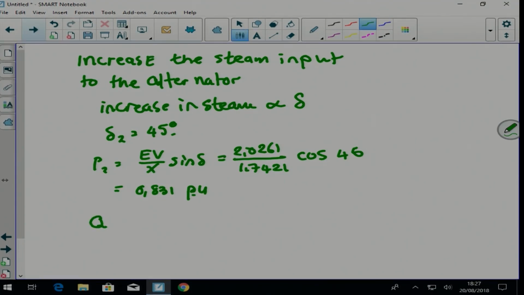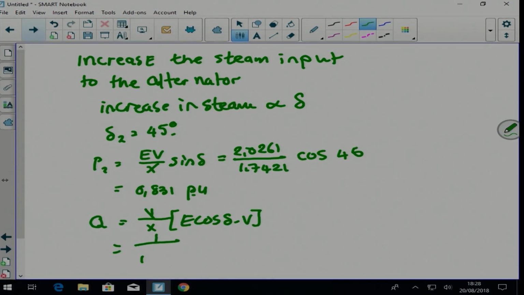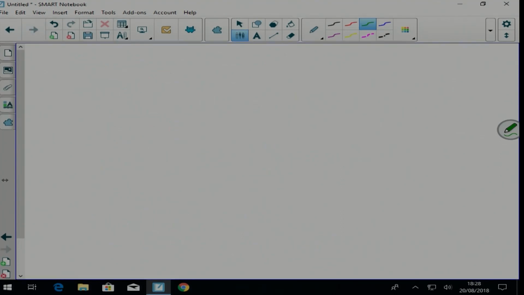Q will be V over X times E cos delta minus V. That is 1 over 1,724 times 2,026 cos 45 minus 1. And that gives us a value of 0,251 per unit. You don't have to write this down.